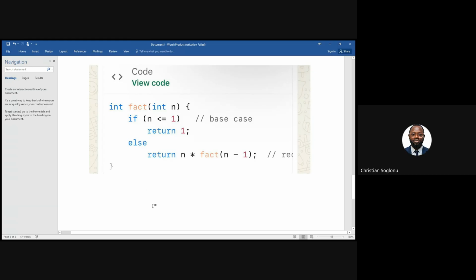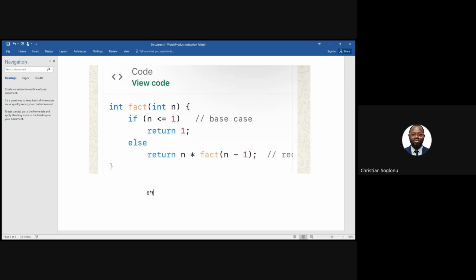Let's interpret it here. So it will be 6 times the factorial of 5. Factorial is written with an exclamation mark in front of the number.